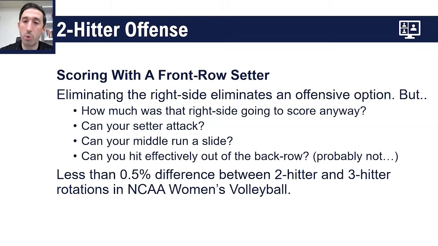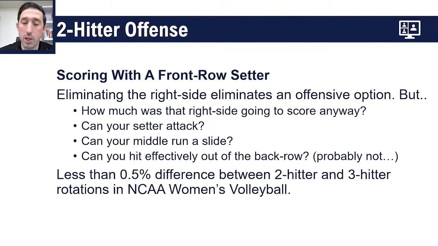And by this, I mean a true in-system back row attack option, as opposed to just a bailout where you're trying to take a swing out of system. I mean a real, effective, high efficiency attack out of the back row. It's atypical in high school, and a little bit more common for boys for sure.